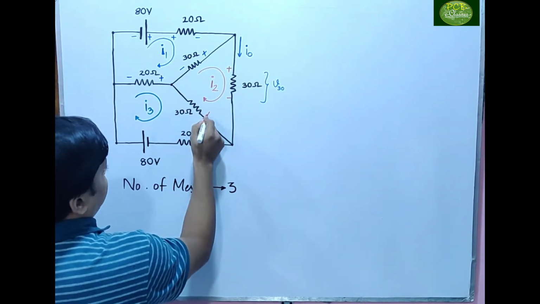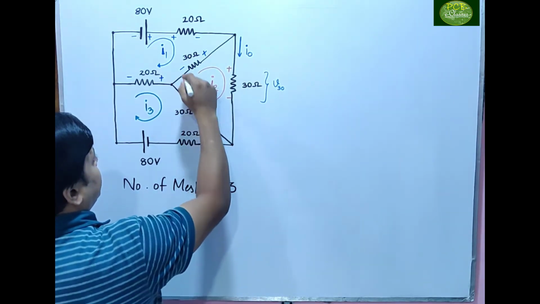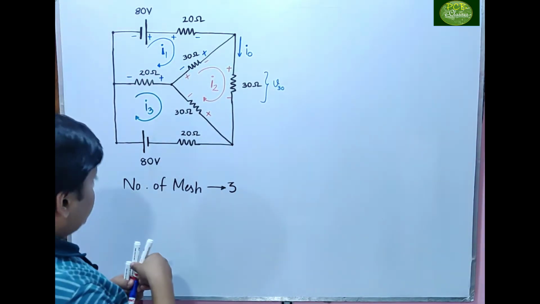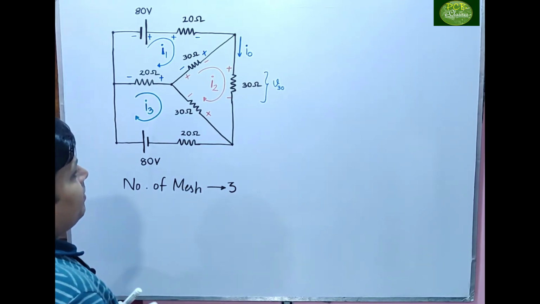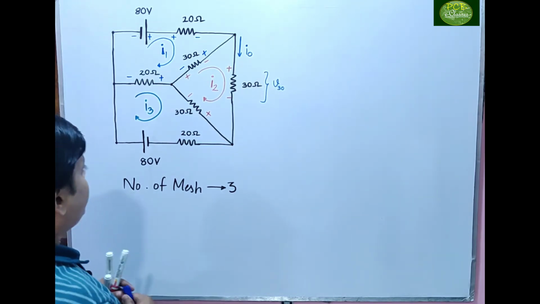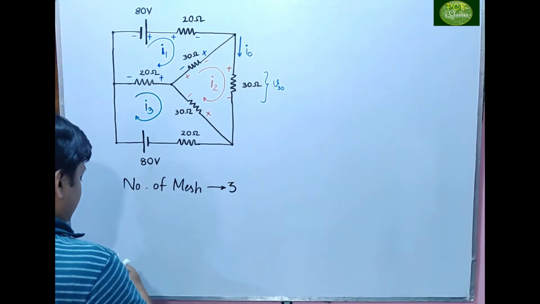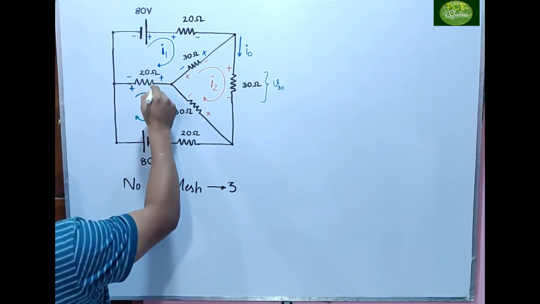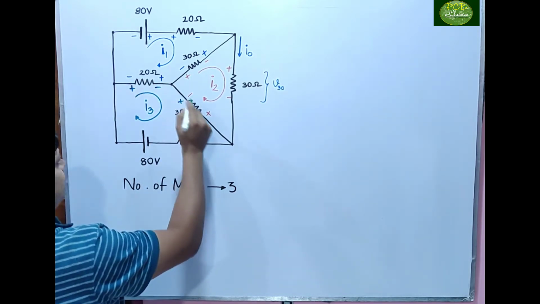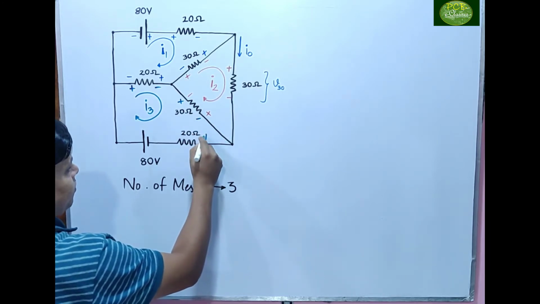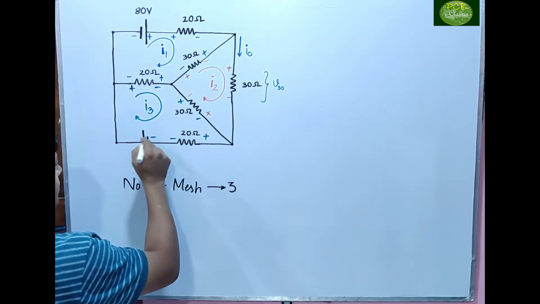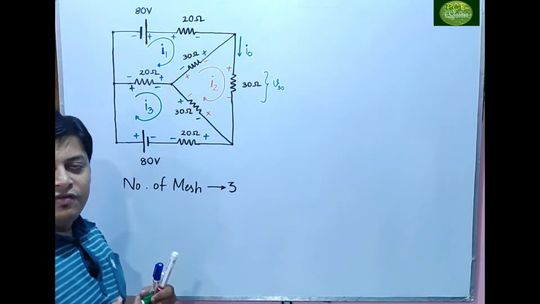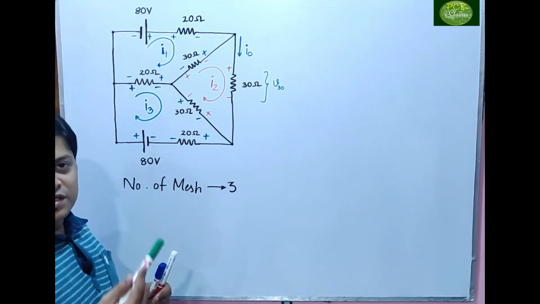Current enters this side, so this is positive, this is negative. Similarly, this will be positive, this is negative. So the second mesh polarities are done. Moving to the third one, positive, negative, positive, negative, positive, negative. The polarities are given for all 3 meshes.